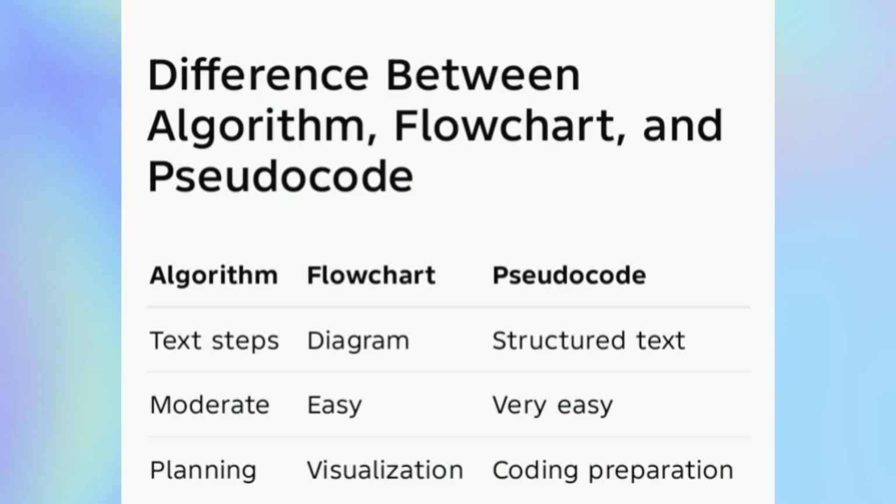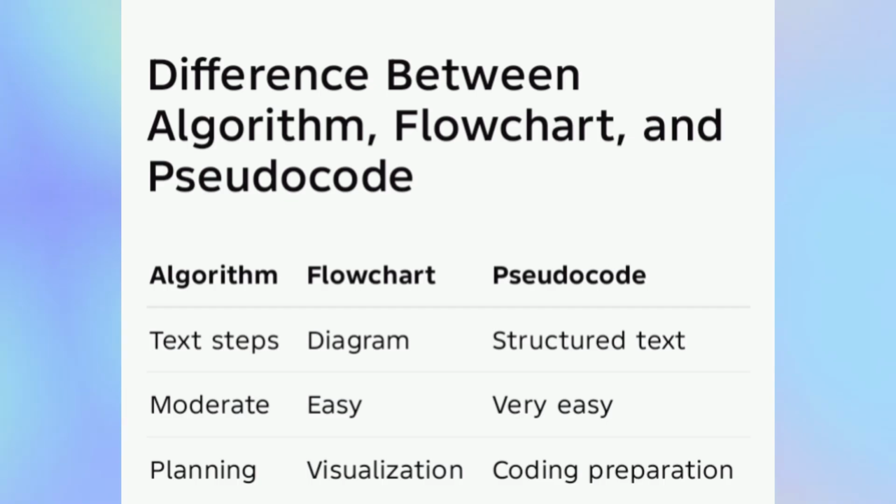Difference between algorithm, flowchart, and pseudocode. Algorithm is text, the steps followed. Flowchart is a diagrammatic representation.